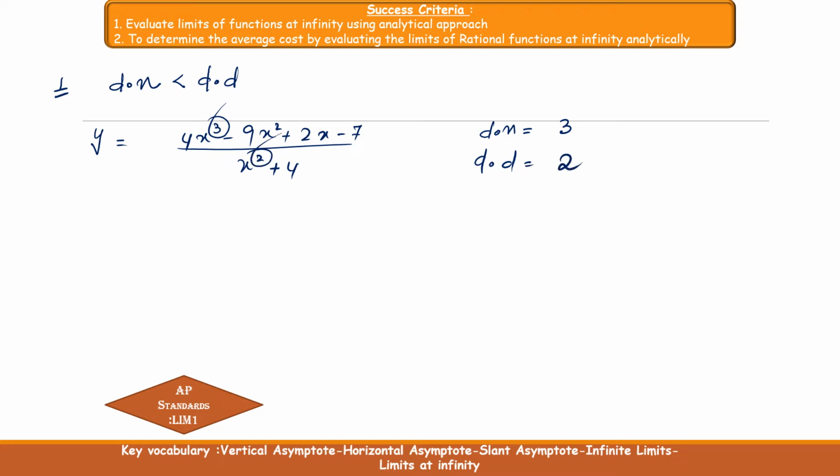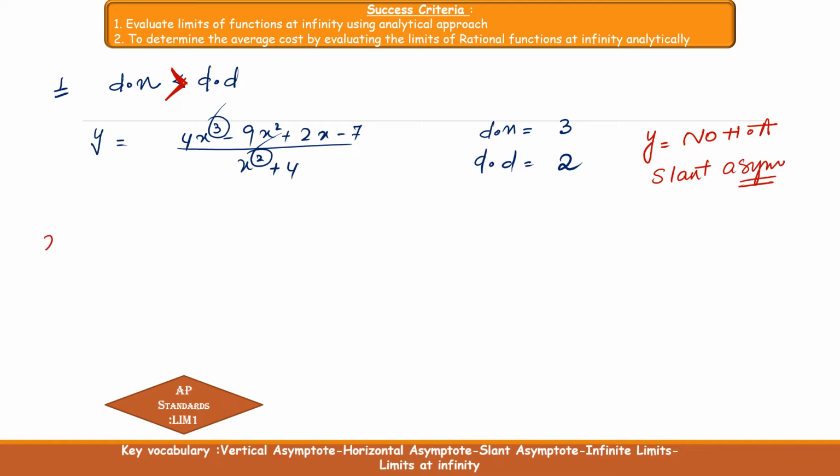So if the degree of the numerator is bigger than the degree of the denominator, remember that there will be no horizontal asymptote. Instead, you will have a slant asymptote.